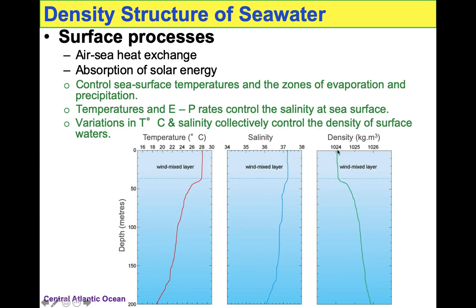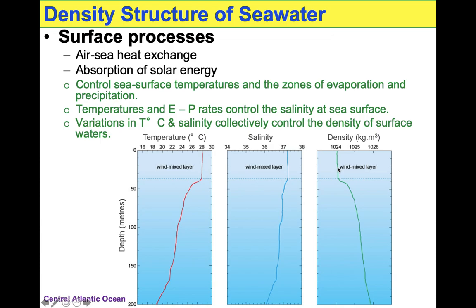And if you look at the density changes, you realize that at the very surface, the density is not that high. And also we have a vertical curve here saying that the density doesn't change, just like the temperature and salinity profiles have shown to us with depth.